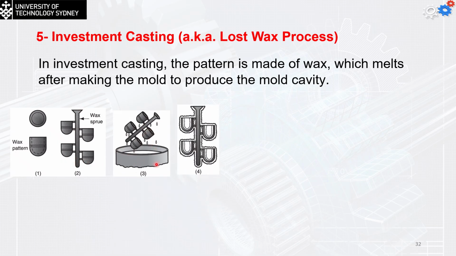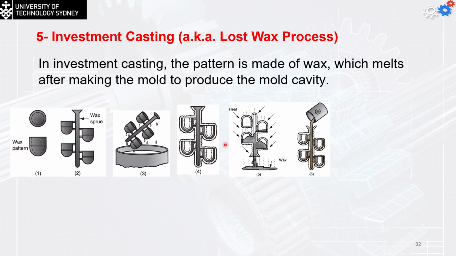We dip it in the refractory ceramic, and a shell is built up around the tree and the parts. Heating up the shell, the wax will be melted and can be reused later.